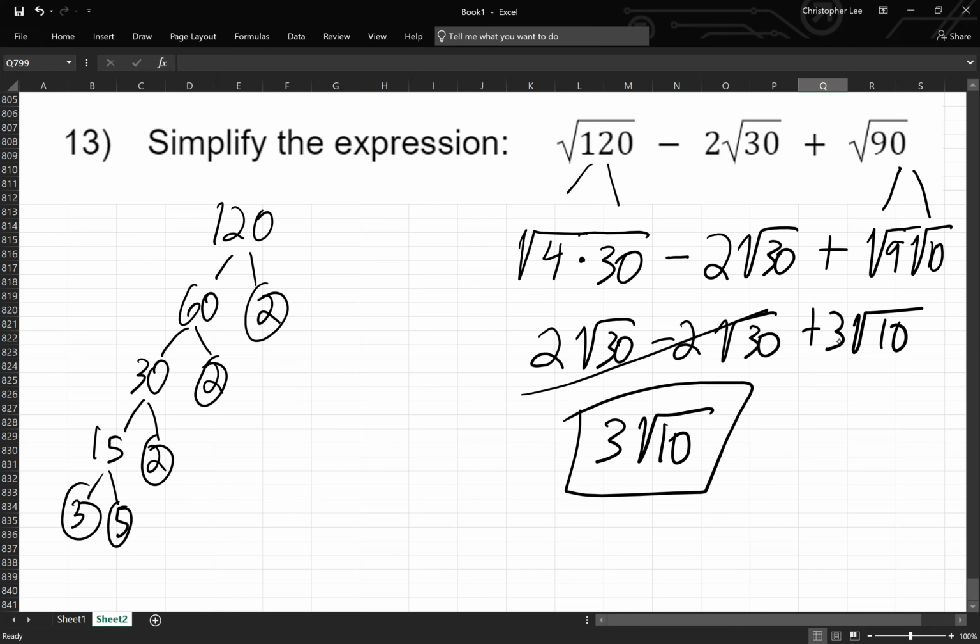Like 2 and then square root 30? Yeah, it's fine. You get full credit for that.